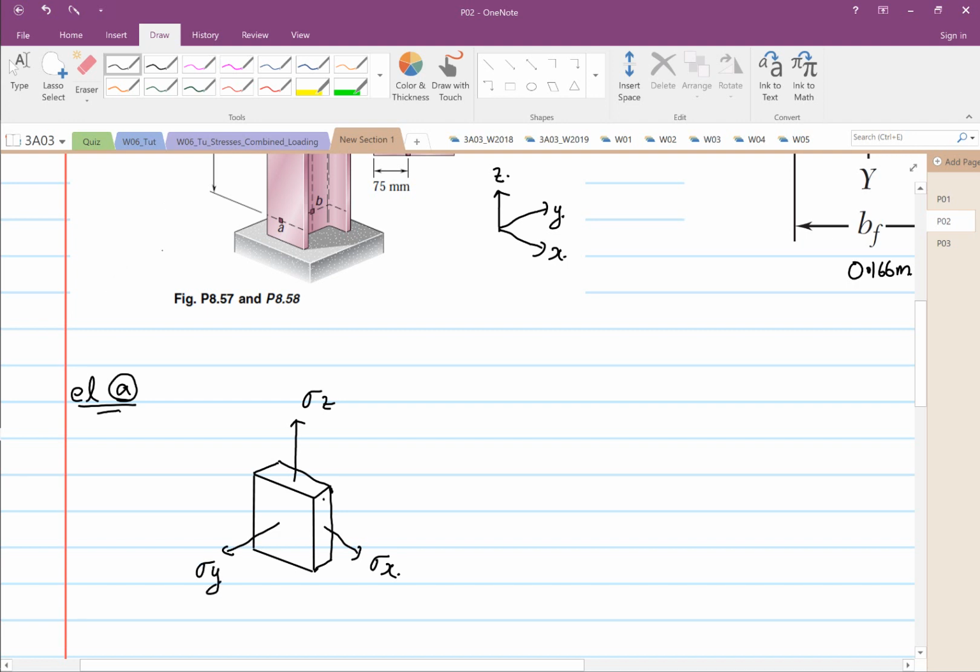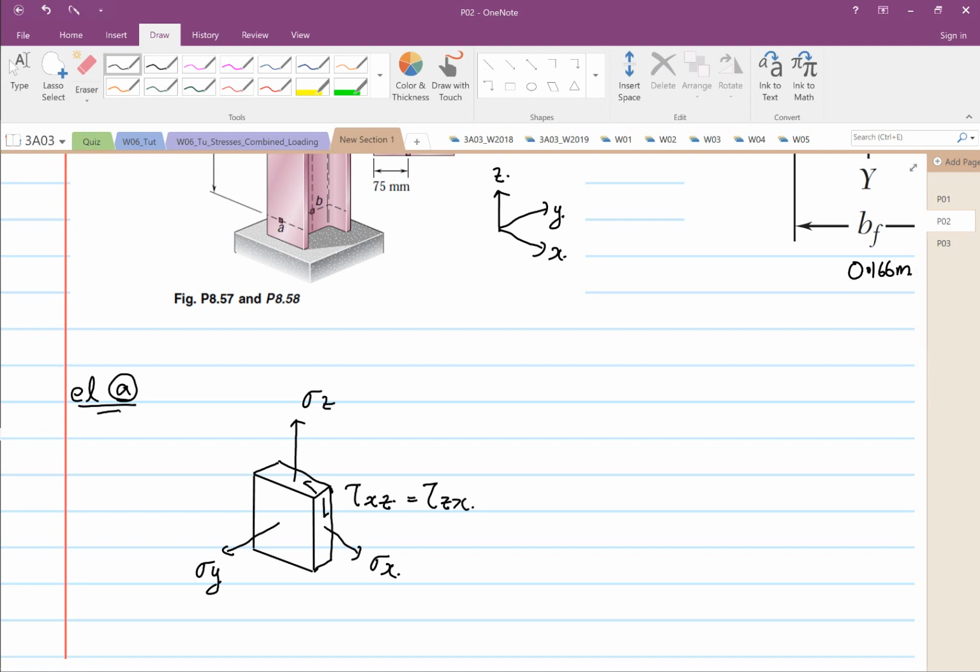And on this plane, we want to find out whether there is any shear on the X plane in the Z direction, which is equal to the shear on the Z plane in the X direction. That's what we would like to inquire about.